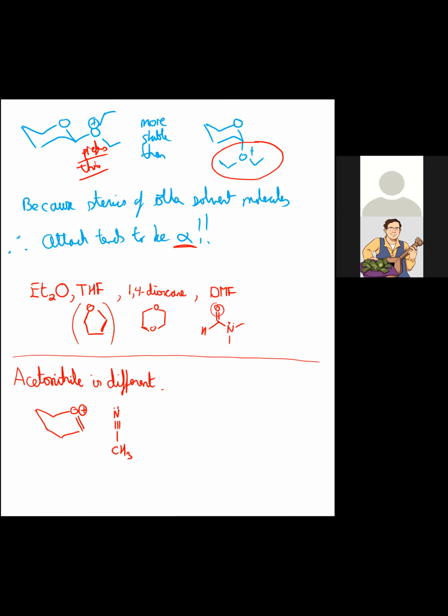One of the problems with the ether is you've got these wavy arms going everywhere, and acetonitrile doesn't have that. It's linear. It doesn't have these wavy diethyl arms, and so it doesn't have the steric demands. And so it pretty cleanly attacks alpha.